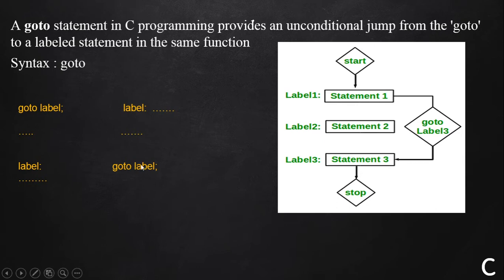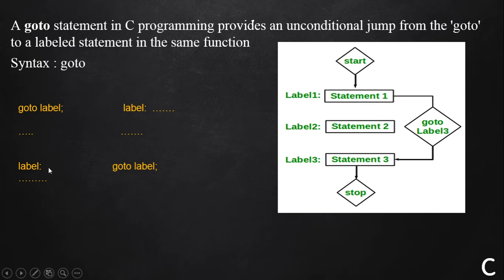Now consider this. Here the goto label is available here. While executing this, the control is transferred backward to this particular point where the label is present. Okay, so these two are possible: forward jump and backward jump in case of goto statements.